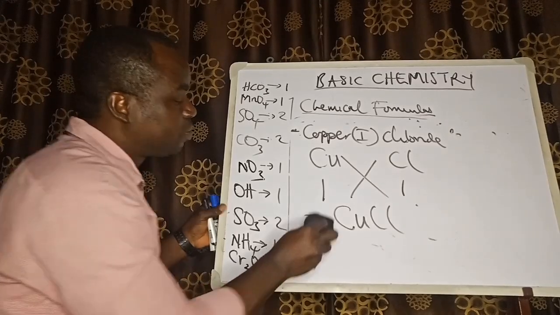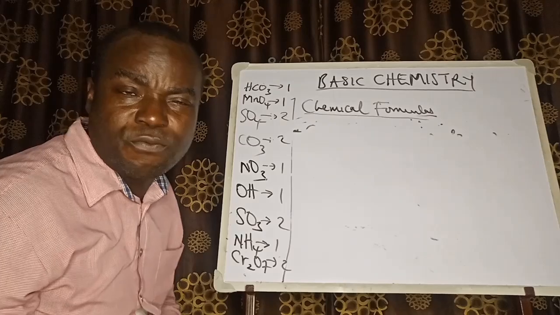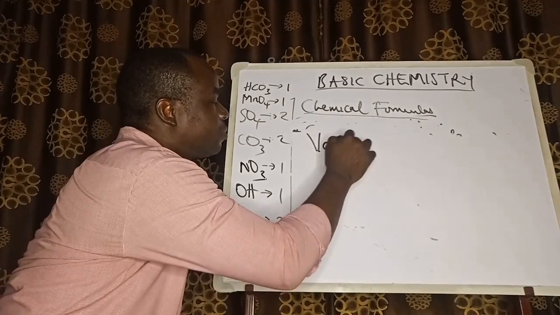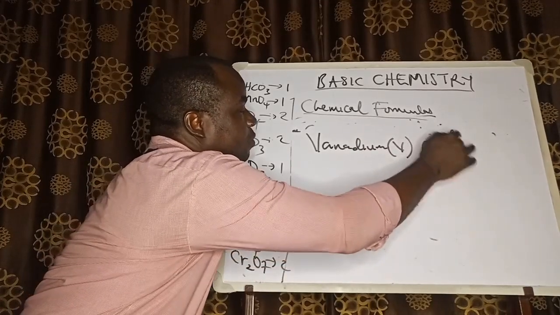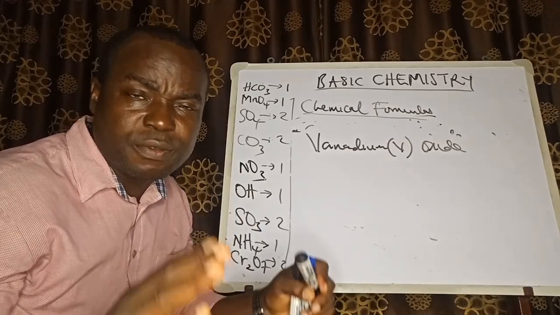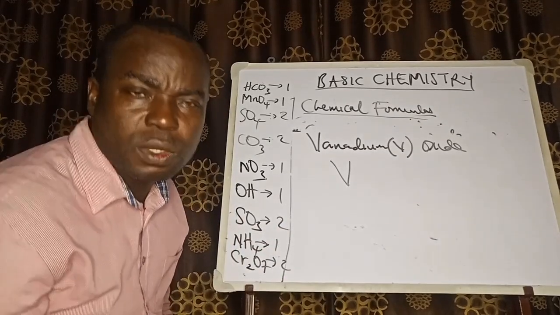Okay, finally on this particular one, let's write the formula for vanadium 5 oxide. The symbol of vanadium is V. Oxide is oxygen.